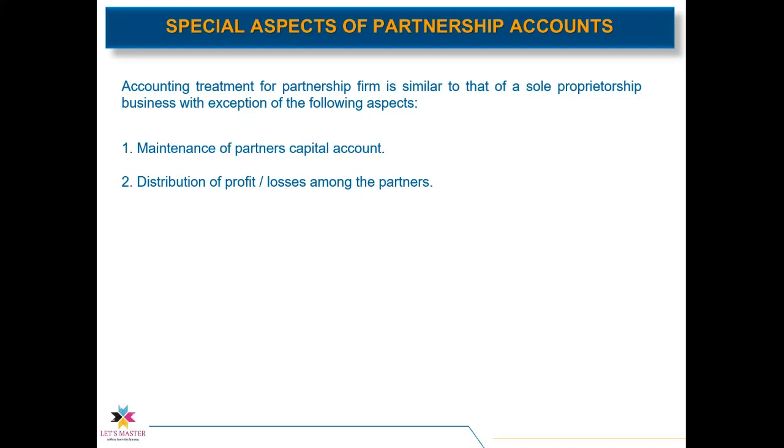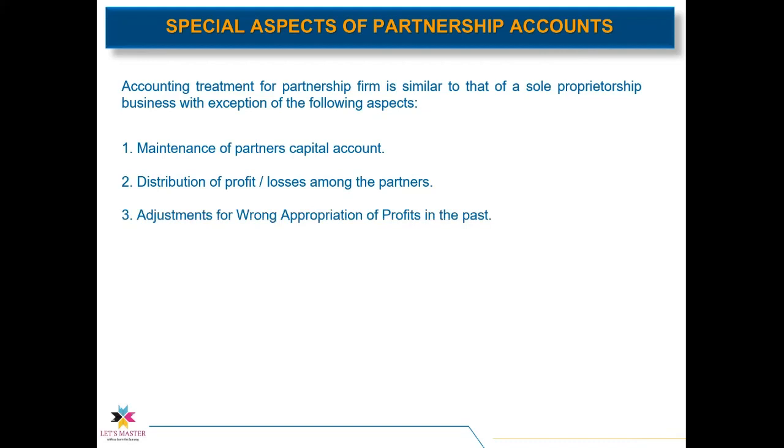So in order to make sure that the profits or losses are distributed among the partners as per the provisions of partnership deed, the distribution of profit and loss needs to be done using the profit and loss appropriation account.